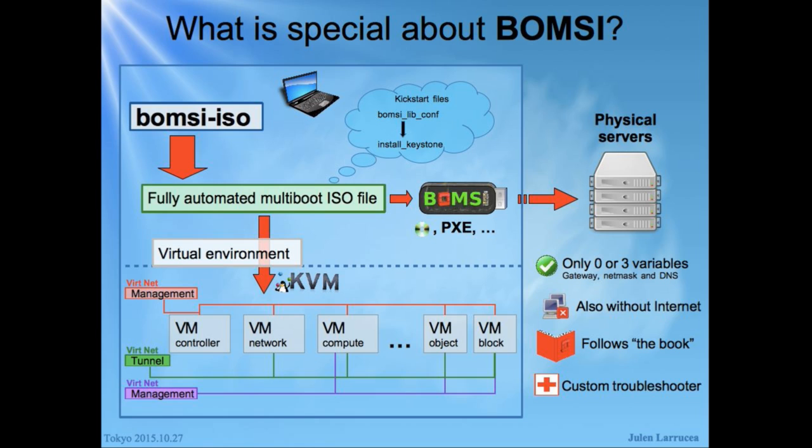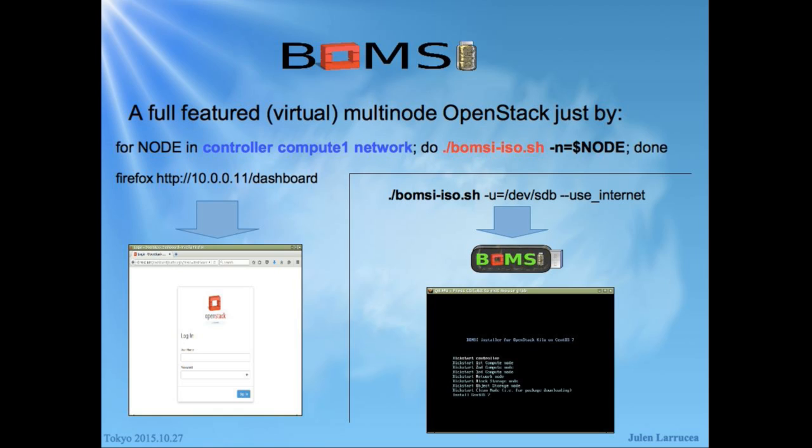To get an idea of how simple it is to use BOMSI, if you want to install a basic but full-featured OpenStack infrastructure with 3 nodes, the controller, compute, and network, you just type this command here.